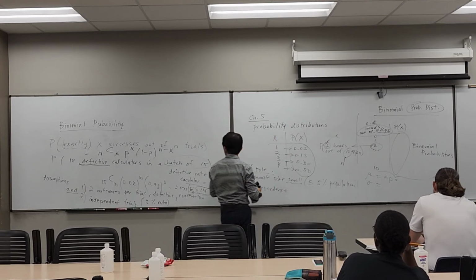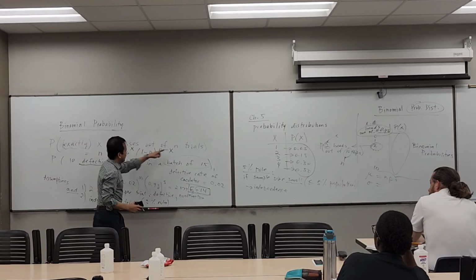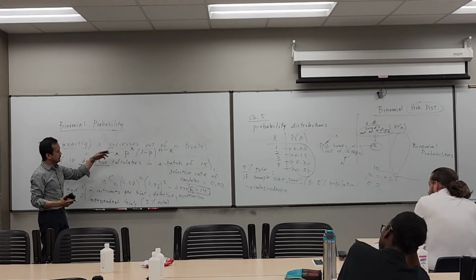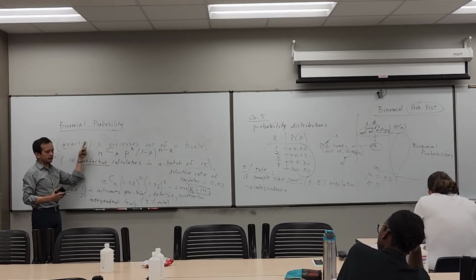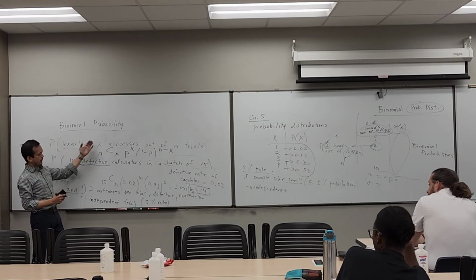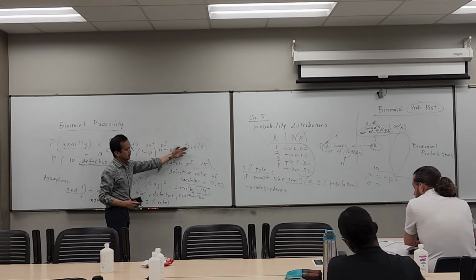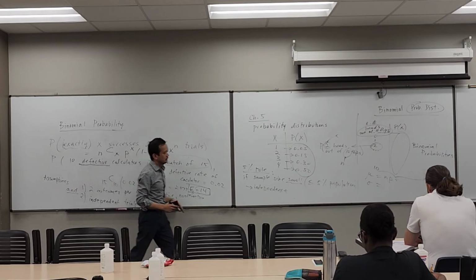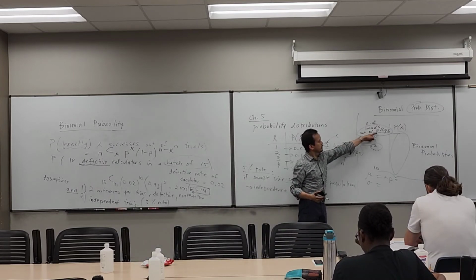So x and n are the variables that are in each particular binomial probability. It's the probability of x successes out of n trials. So n is that second number here. Since you have 10 flips, n would be your 10.